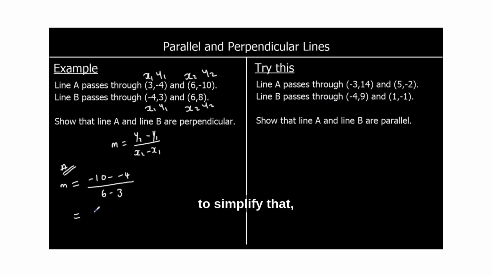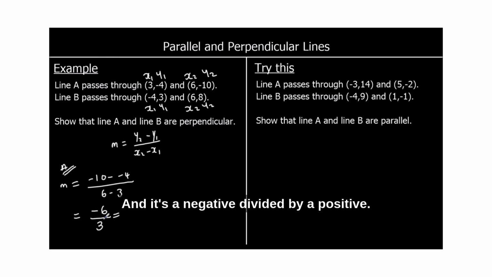So to simplify that, we've got negative 10 take away minus 4, which is the same as negative 10 plus 4. So negative 6 over 6 minus 3, which is 3. And 6 over 3 is 2. And it's a negative divided by a positive, so it's negative 2. So A has got a gradient of negative 2.